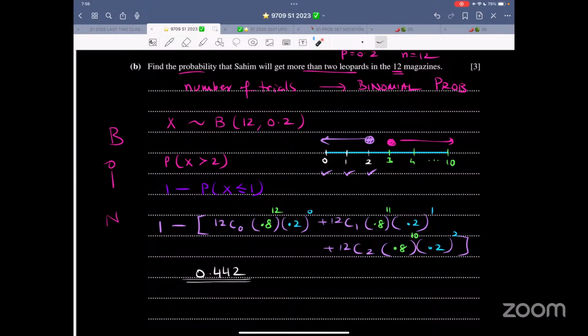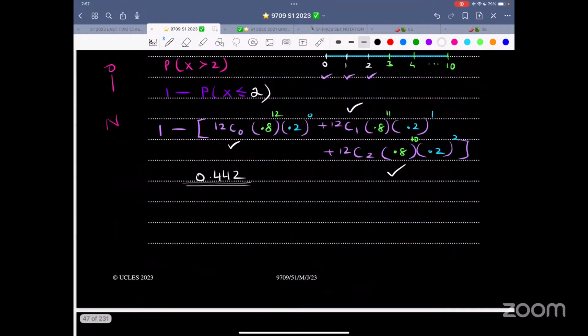So 0 and 1 and 2, let me just write it correctly. I think I missed out a thing. This is probability x is lesser than or equal to 2. So that is 0, 1, and 2. So this is 0, this is 1, this is 2. And make a habit, I wrote the answer a little bit prematurely.